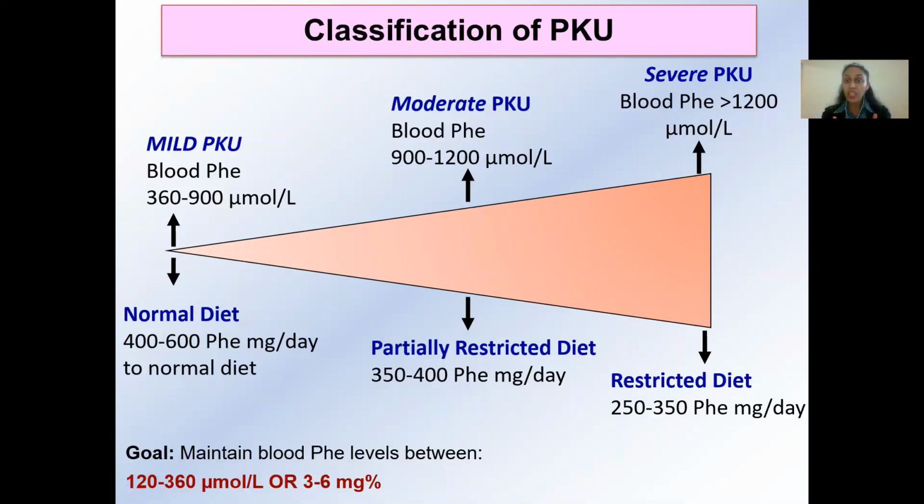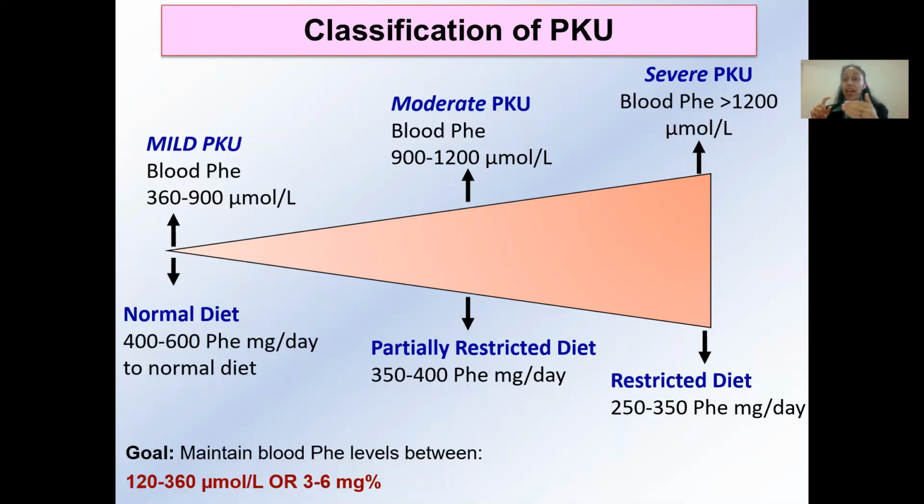And remember, this is a genetic metabolic disorder, meaning whether an individual is severe or mild depends upon the genetic mutation which has happened. If your genome reflects severe PKU, you will be diagnosed with severe PKU.